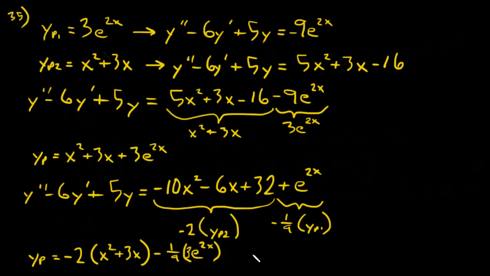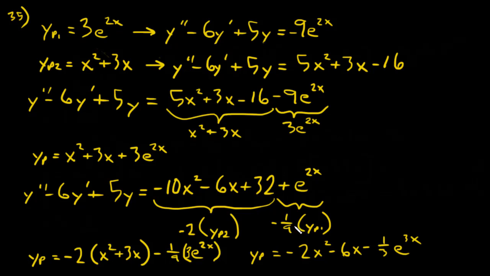So my y sub p for the one that I was given is going to equal negative 2x squared minus 6x, and then minus 1/3 e to the 3x. That's the particular solution that corresponds to this non-homogeneous piece.